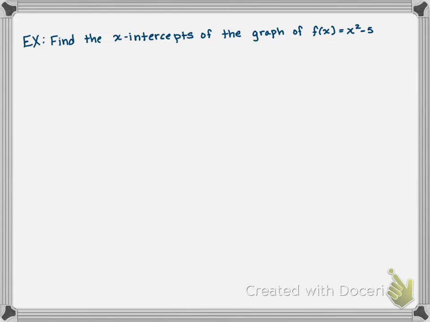So just like we did on the last one, we're going to set this equal to 0. So we have x squared minus 5 equals 0. But then we kind of run into trouble because we can't factor x squared minus 5. It's got two terms, but it's not the difference of squares, right? 5 isn't a perfect square.